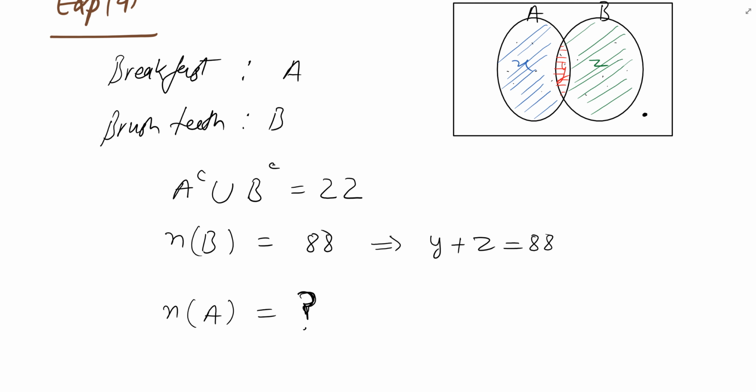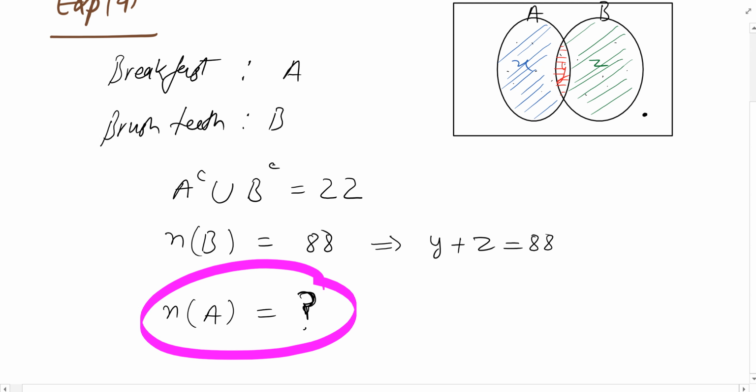So in order to answer this question, you have to know A. Now what is this A? A is made of basically X and Y. So the question is, what is X plus Y? Make sense to you? The number in A is these blue guys X in total, the red guys are Y. So we have to find X and Y.